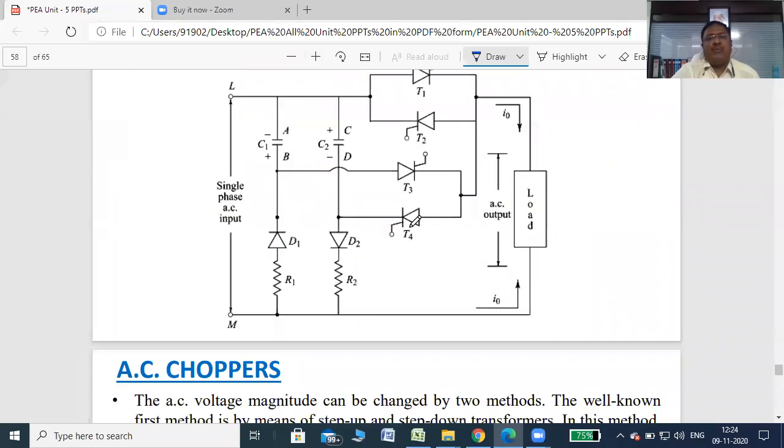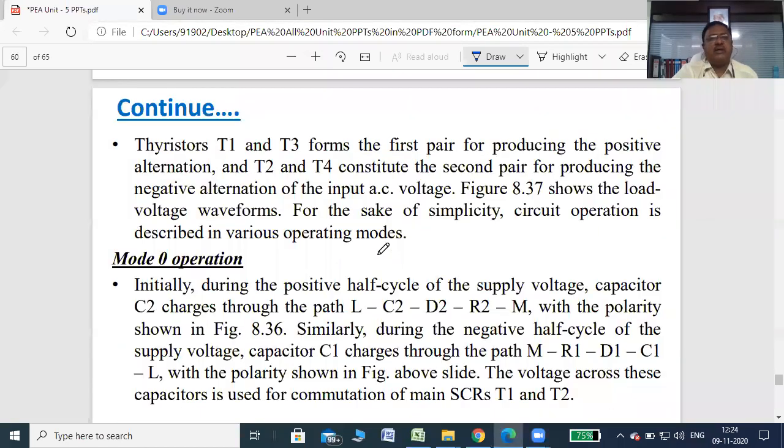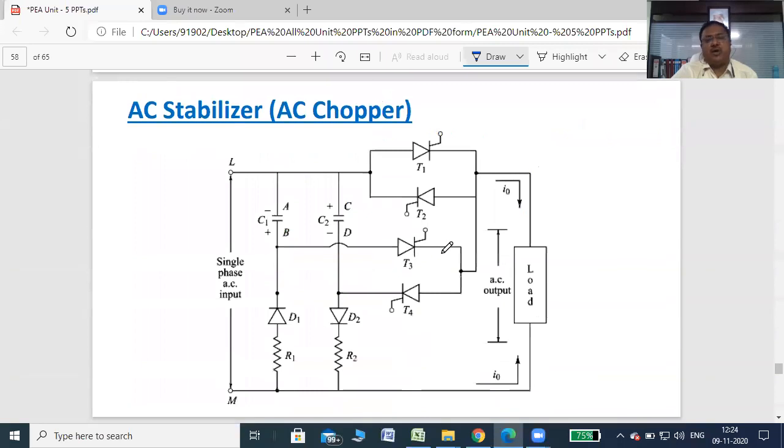One more last part is remaining, that is the AC stabilizer, or you can say AC chopper, AC to AC converter. We have already learned this circuit, the applications of triac, triac triggering using diac.